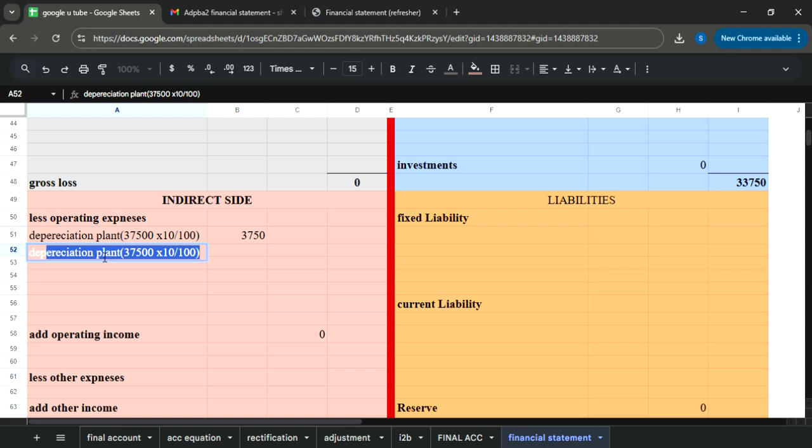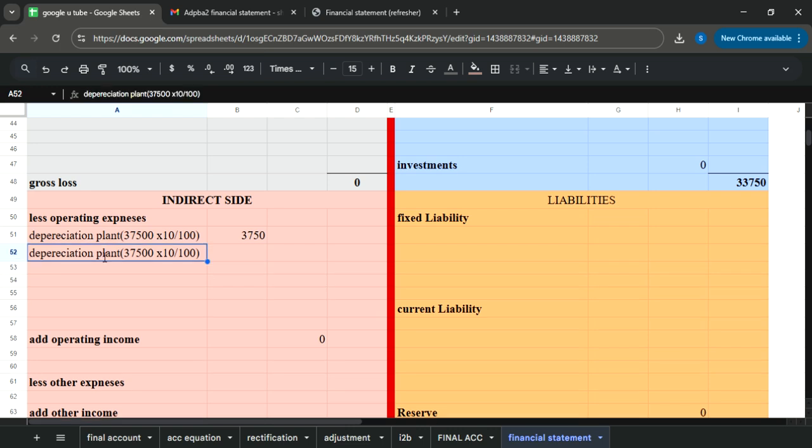So depreciation you are going to write, but here you are calculating depreciation of furniture. So you will change the title, and as you know 3750 was the amount of furniture. So the calculation was 375 you have made.